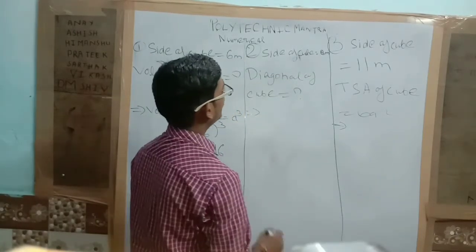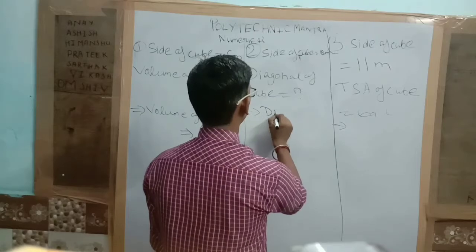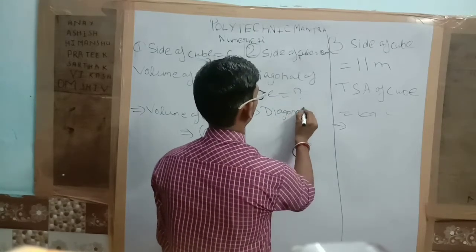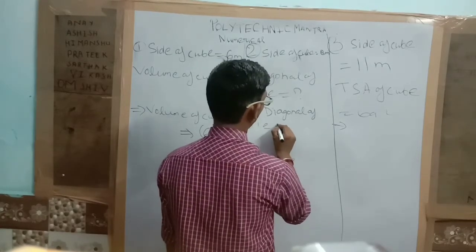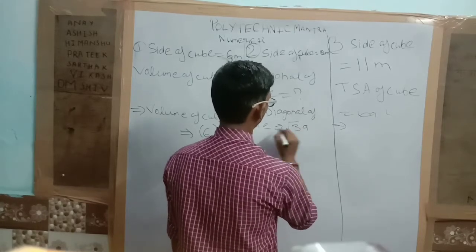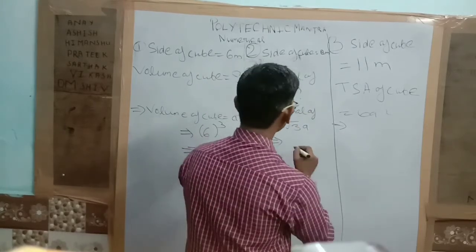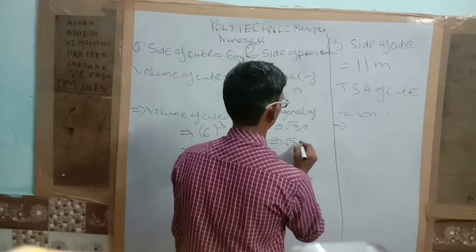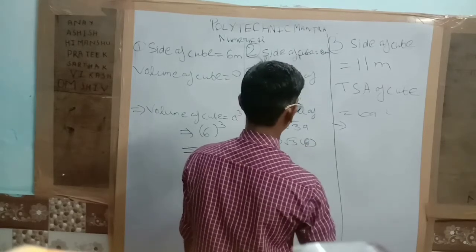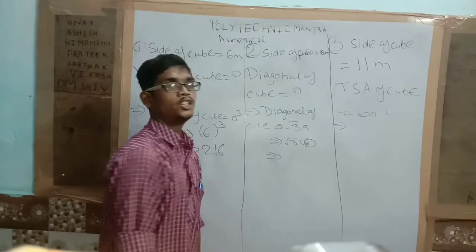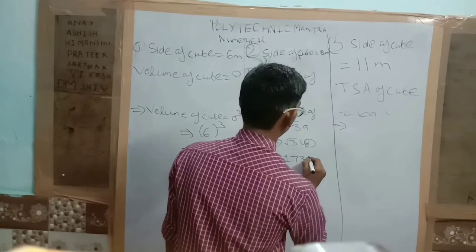Now we have to find out diagonal of cube, and diagonal of cube will be solved by using formula under root 3 into A. We can take the value of under root 3, which is 1.73, into 6.